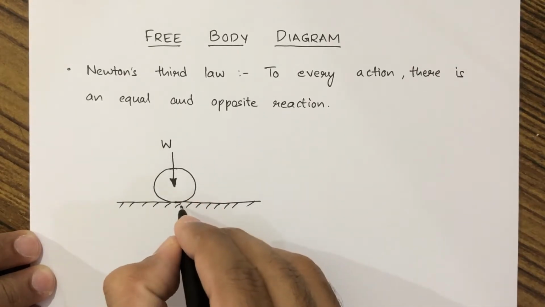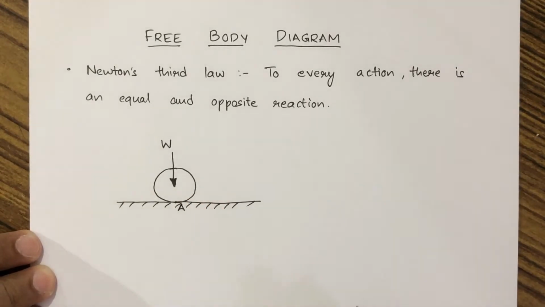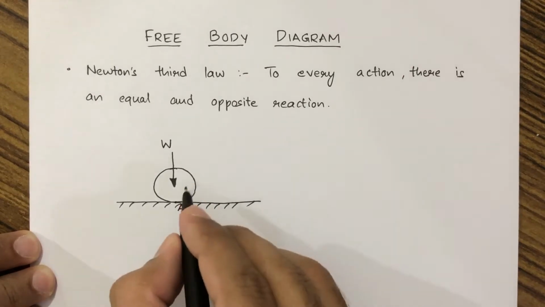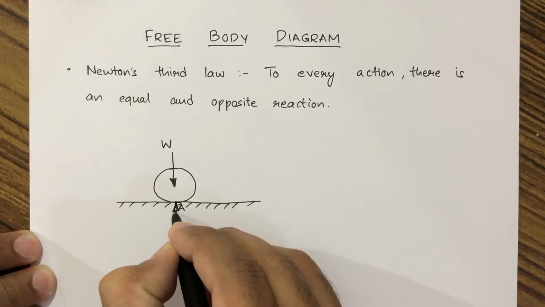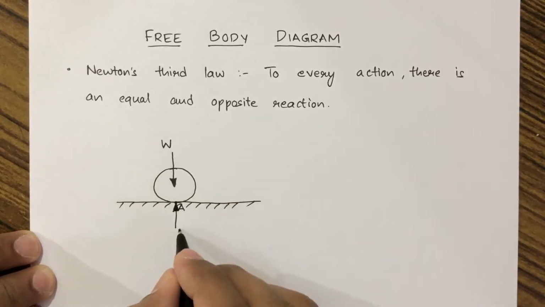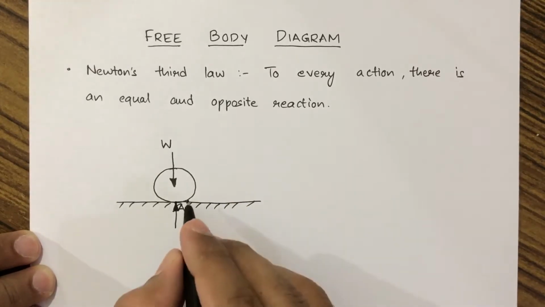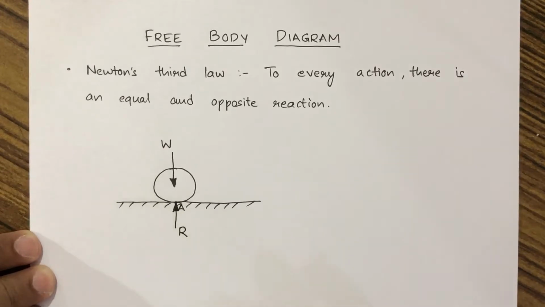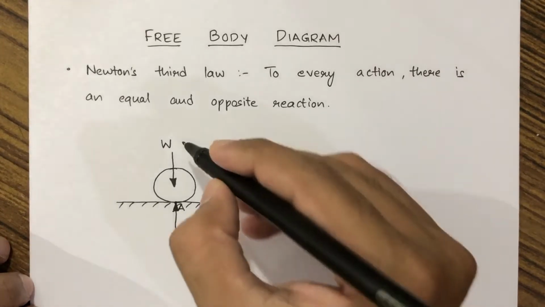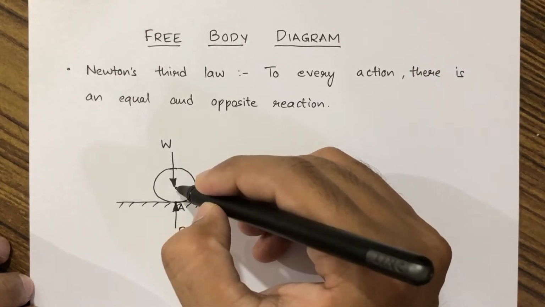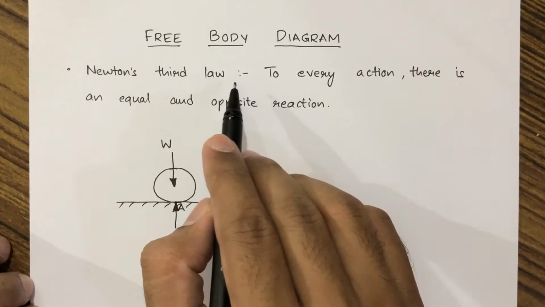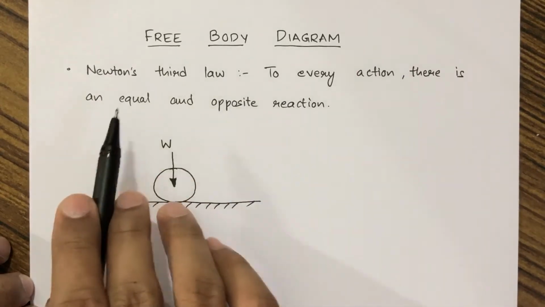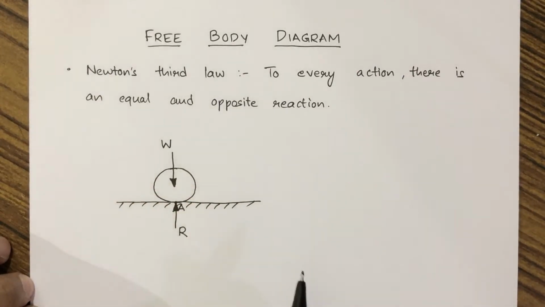Let us call this the point of contact A. So here there will be an equal and opposite reaction at this point A. This is known as the normal reaction. Let us call it R. So W is the action and R is the reaction. This is what Newton's third law says. To every action there is an equal and opposite reaction.